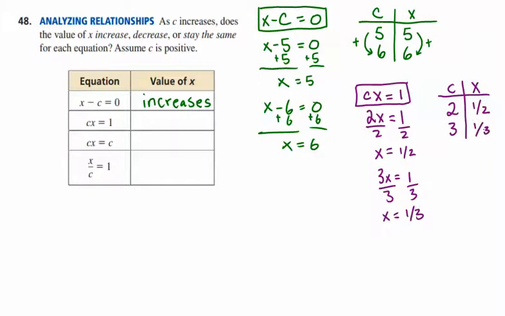Now the question is, when c went up from 2 to 3, did x go up, go down, or stay the same? And to answer that question, we have to know whether 1/2 is more than 1/3, less than 1/3, or the same as 1/3.